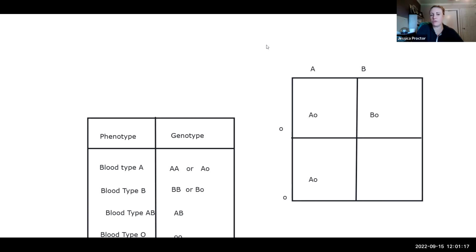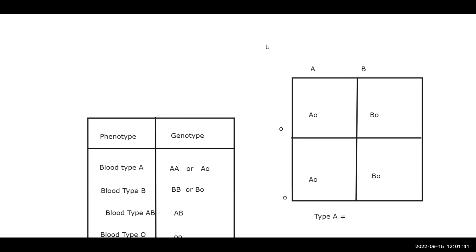Now on these, you don't have to do genotypic and phenotypic ratios. We're just going to do percentages. Out of generation one, we're going to determine the likelihood of each particular blood type. Let's start with blood type A. How many of those children would have blood type A? 50%, beautiful.